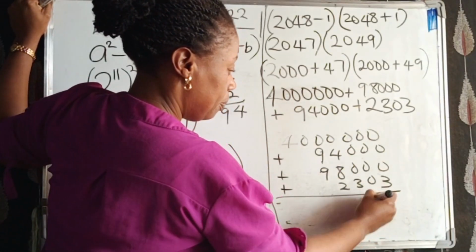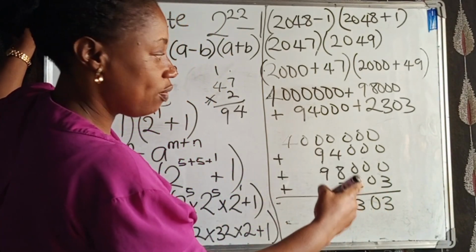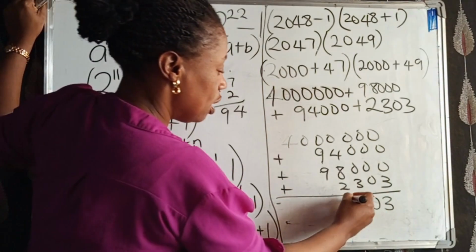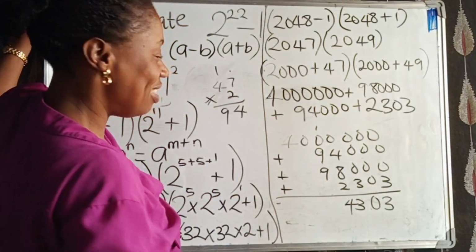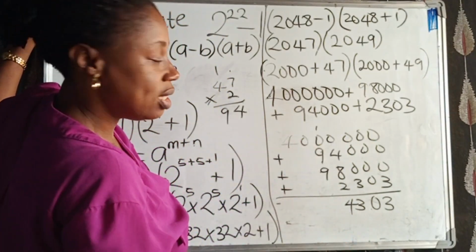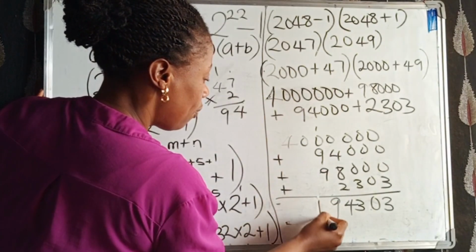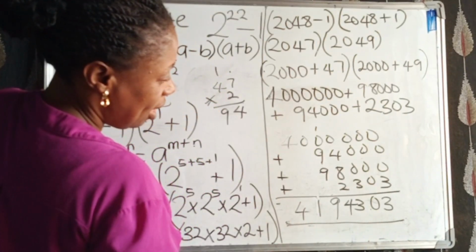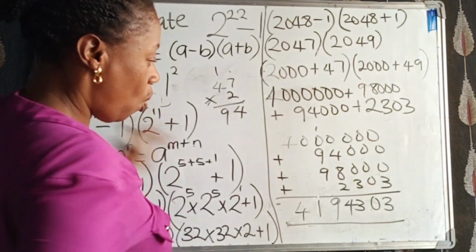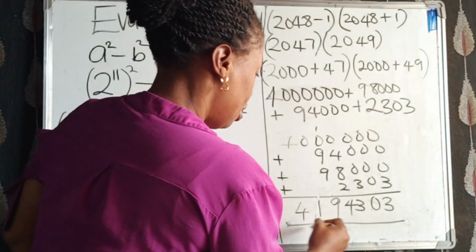You add them. 4 plus 8 is 12, 12 plus 2 is 14, carry 1. 9 plus 9 is 18, 18 plus 1 is 19. Then this one we have 1 here, and then we are left with 4. So our answer is 4,194,303.